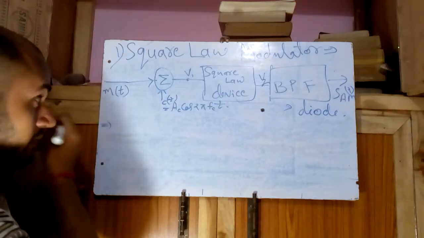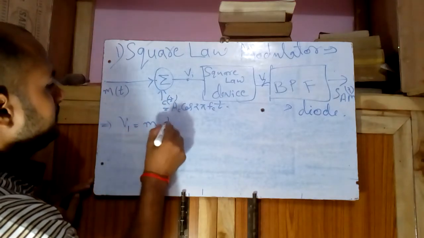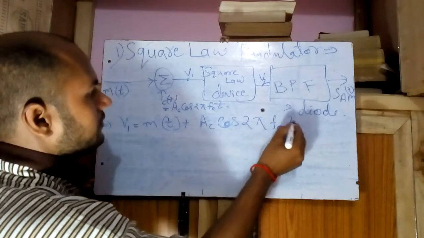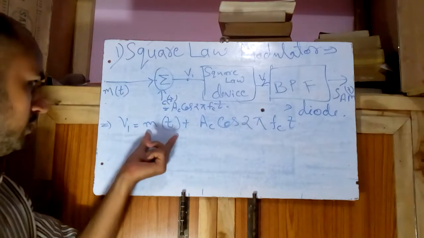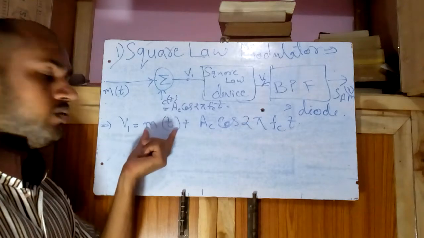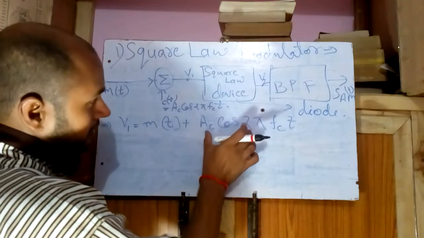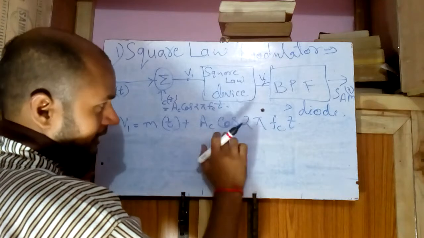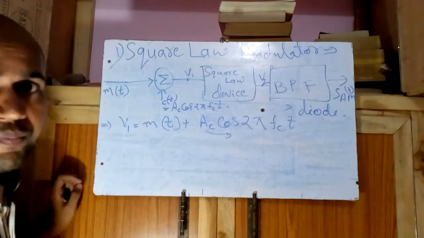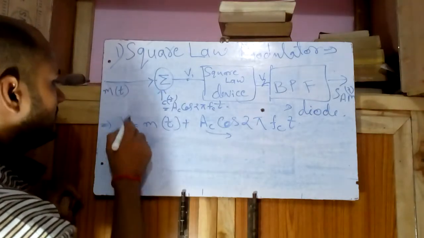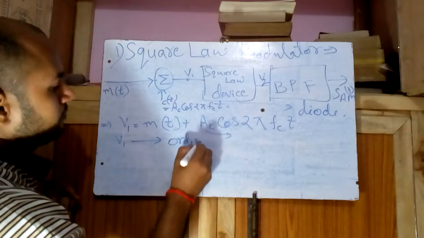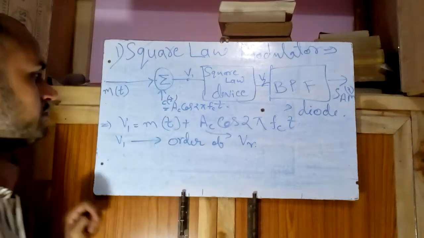So V1 is m(t) plus AC cos 2 pi fc t. Generally the practical message has very little amplitude, right? So we will have to generate the carrier with very little amplitude, so that the addition of both, that is V1, is in the order of V gamma, the cut-in voltage.